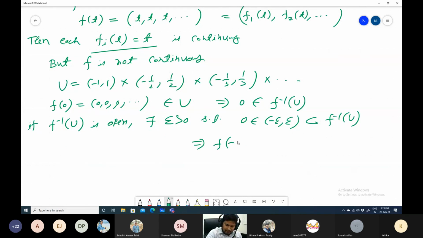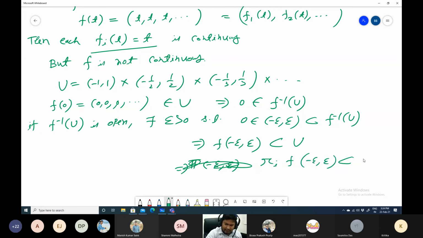Now that will imply f of minus epsilon comma epsilon is a subset of U. And that means if you apply pi n, pi n of f of minus epsilon comma epsilon is a subset of pi n of U. Now that will be minus epsilon comma epsilon subset of, what is that?